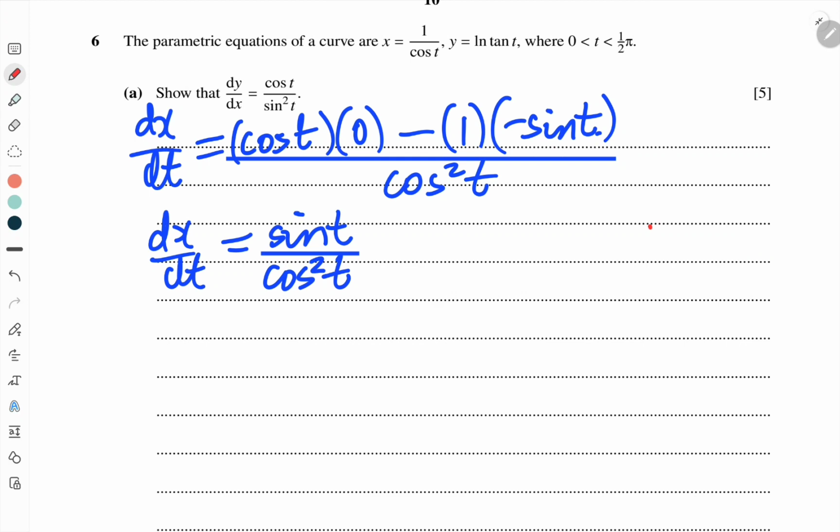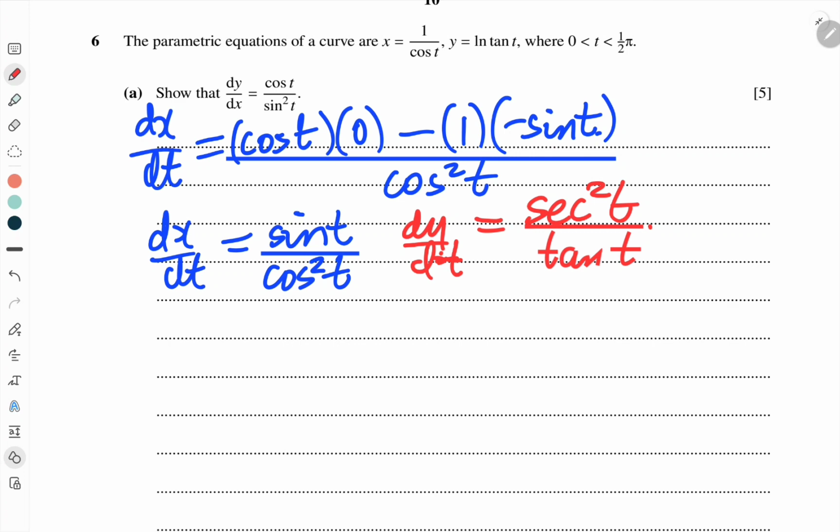For our dy/dt, this is going to be the derivative of tan t, that will be sec squared t, over tan t. So that's the derivative.